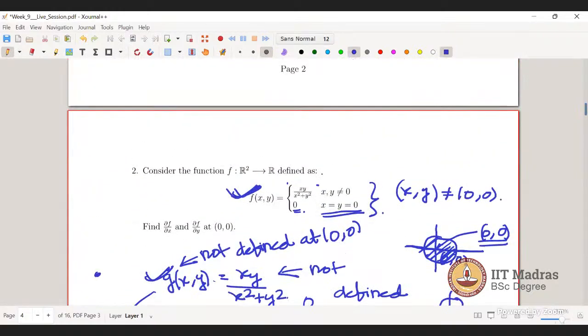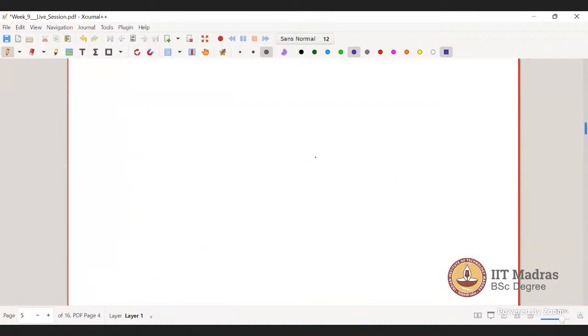Now this is the definition: xy by x square plus y square. At this position it is defined. Then you can apply this rule, because if you take the point 3, 4, you can get an open ball which certainly excludes 0, 0.